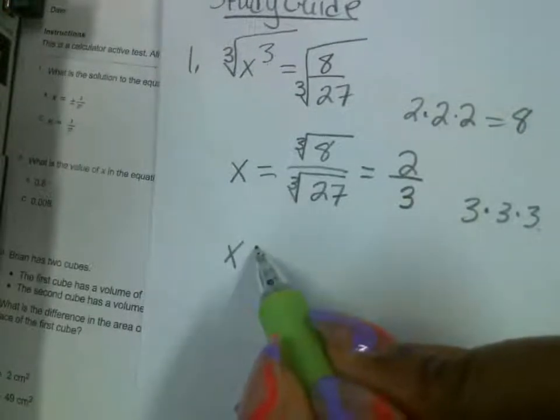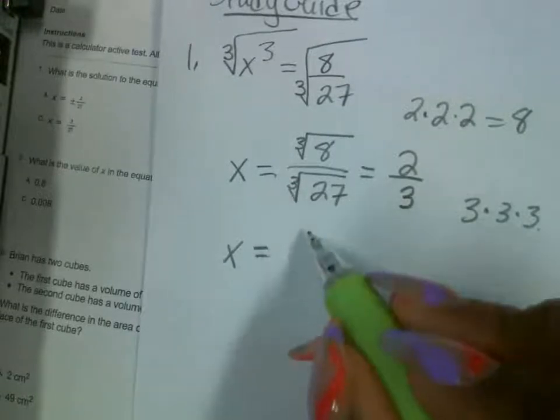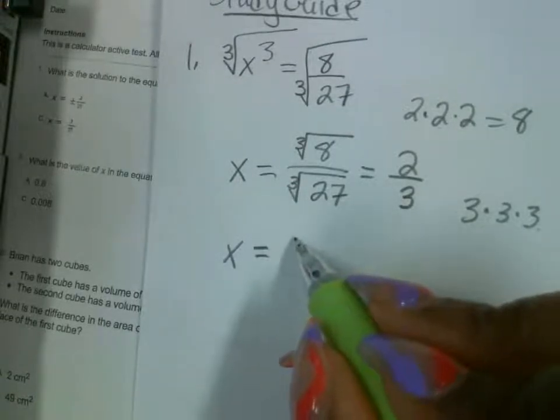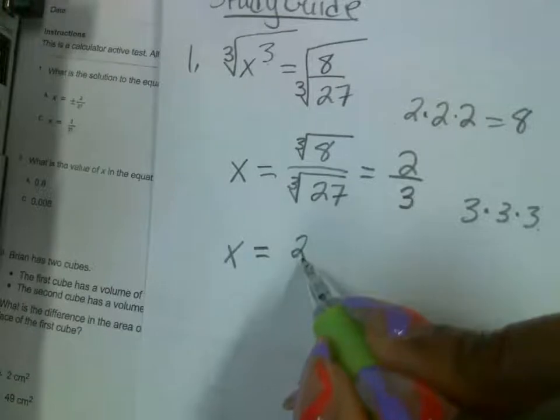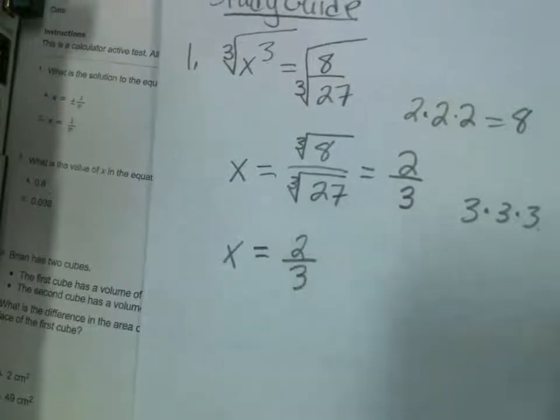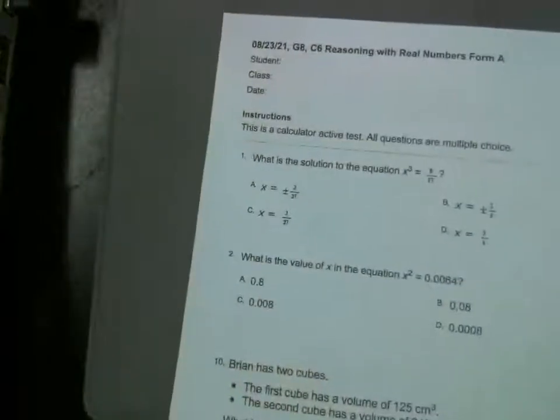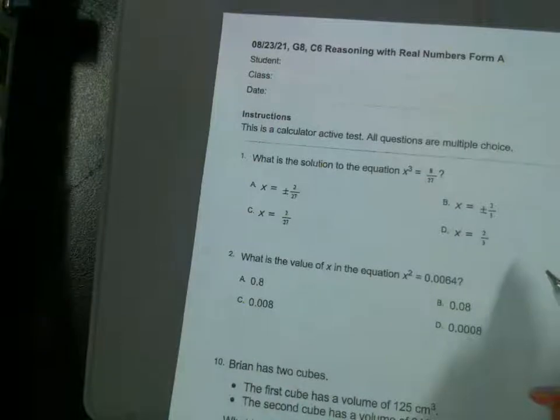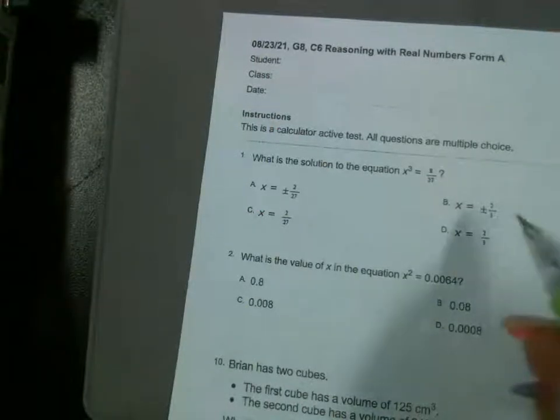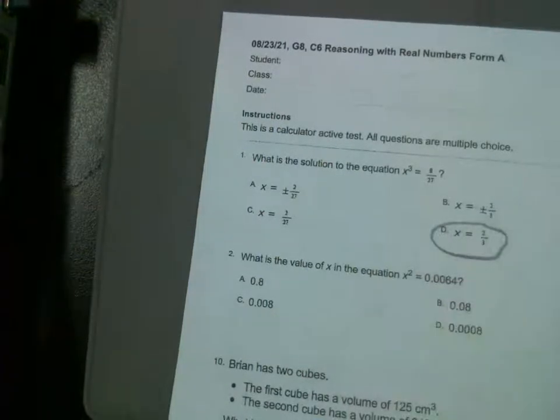X is going to be equal to a positive 2 over 3. So my answer here is going to be 2 over 3. 2 over 3, D. Do you see it?